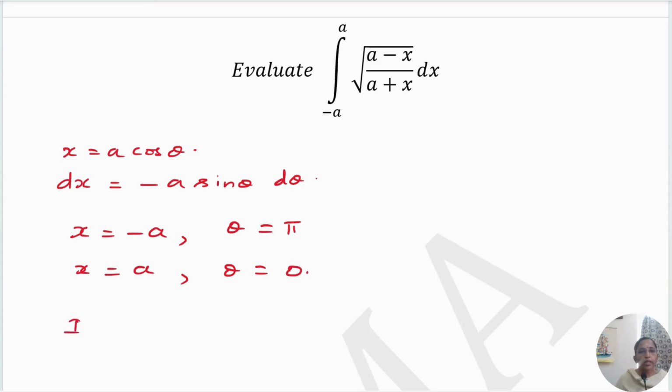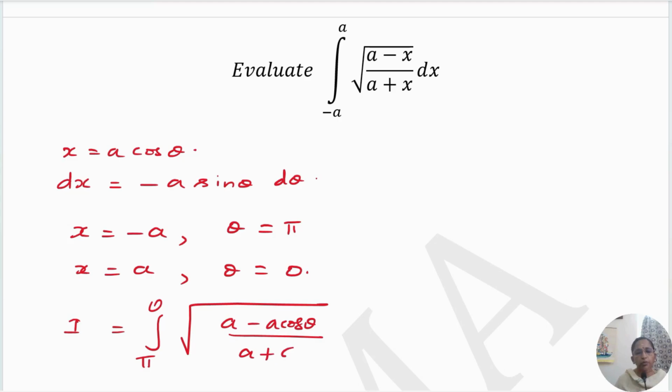So now our integration is, the lower limit is now pi, upper limit 0, root of (a minus a cos theta) divided by (a plus a cos theta), and for dx this is minus a sin theta d theta.